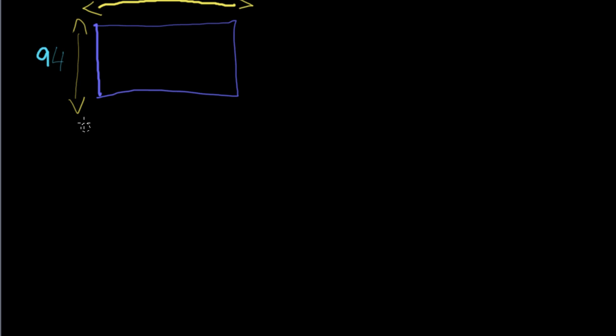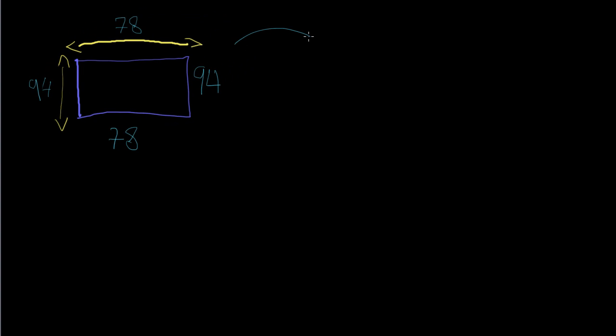Now, a good thing to remember about rectangles is that they have two sides, each of which are the same length. So if this is 78, this side here, which is the width, should also be 78. And if the length here is 94, then the length here should also be 94. So they correspond. Notice that this is different to when you have a square.